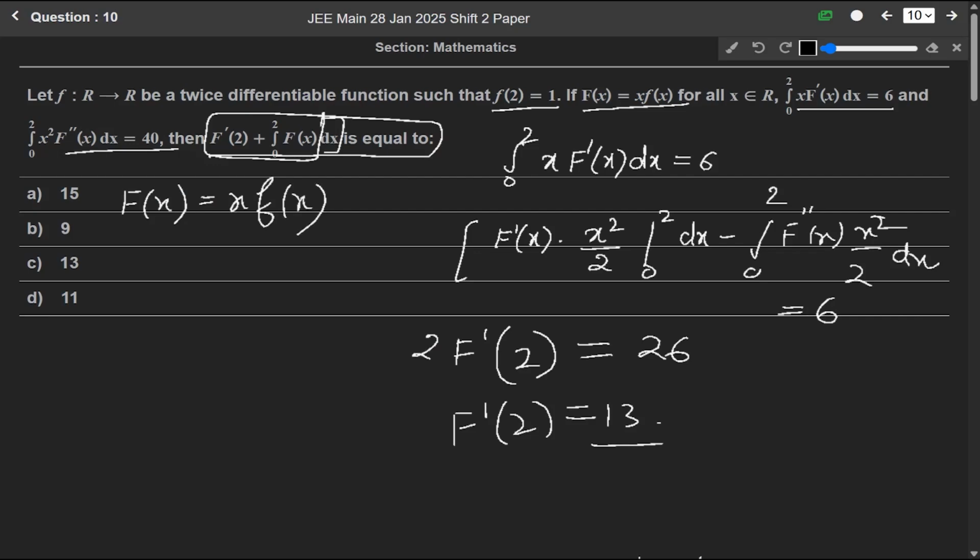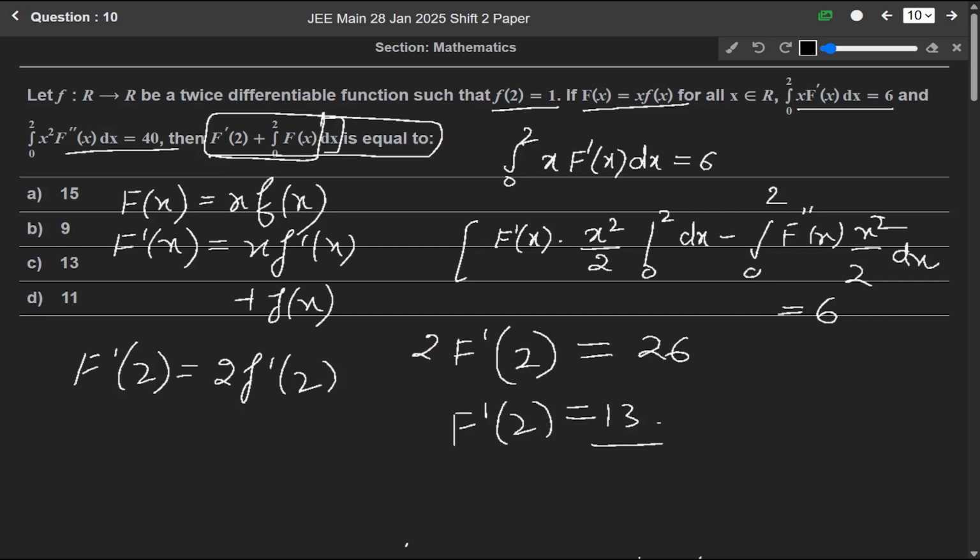So this f'(x) will be equal to x f'(x) plus f(x). So when we put x equals 2, this f'(2) will be equal to 2 f'(2) plus f(2), and we have found f'(2) as 13.